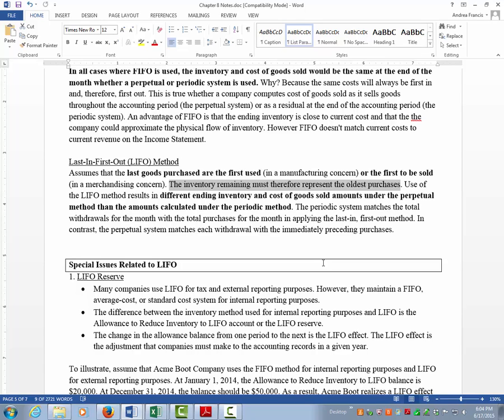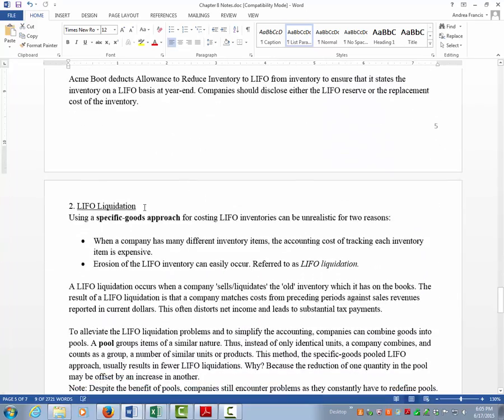And if we are assuming inflation, which we can because generally we have inflation and not deflation, so prices are increasing as time goes by, that older inventory also has a lower price. And why it's important to focus on this idea of LIFO assuming the oldest inventory is left behind is that sometimes companies run into a problem known as LIFO liquidation.